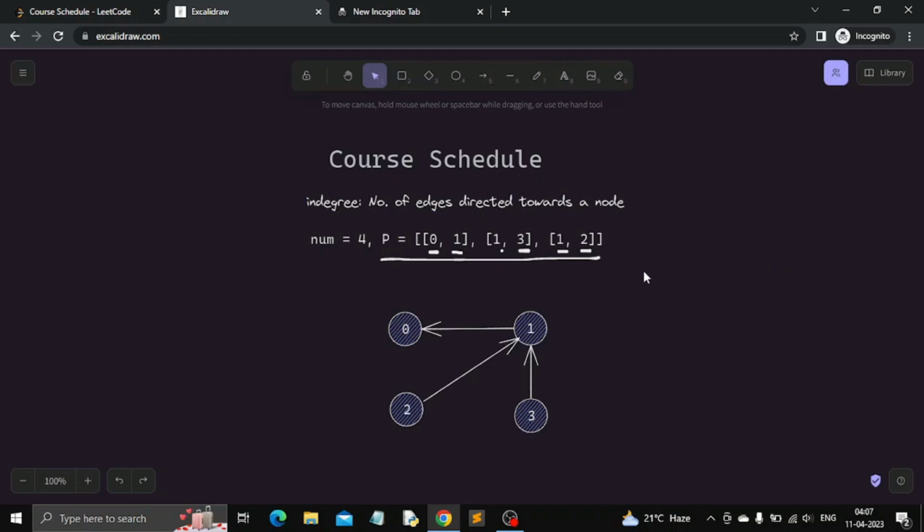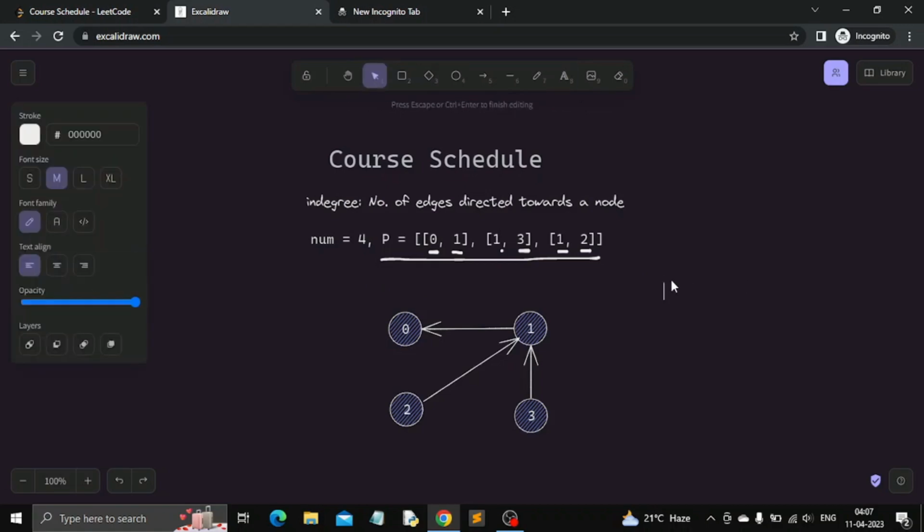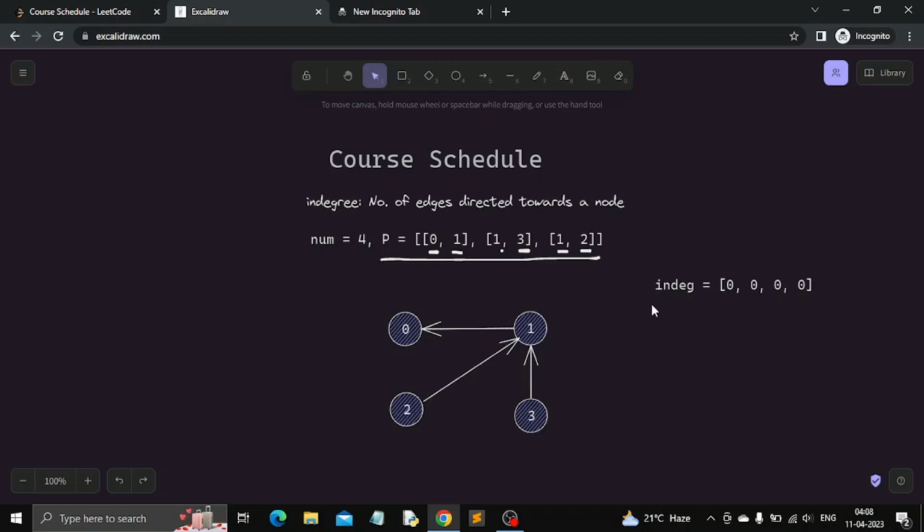To calculate this integrity of all the nodes, we are going to take an array of length n. So let us call this array integrity, and we have 4 courses, so the length will also be equal to 4. Okay, to calculate the integrity, all we need to do is iterate through this prerequisites array.